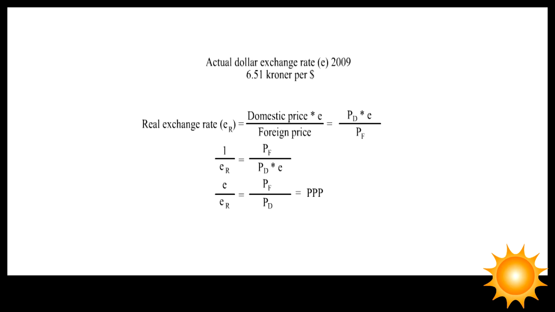If the real exchange rate E sub R is 1, meaning the domestic item and the similar foreign item cost the same, the actual exchange rate E should be equal to the purchasing power parity, PPP.